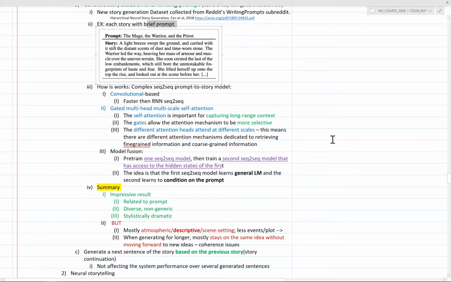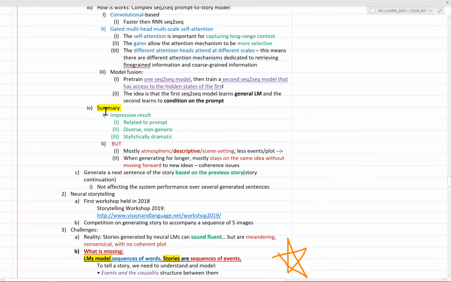As a summary, this model generates impressive results: the story is related to the prompt, diverse enough, not generic, and stylistically dramatic.